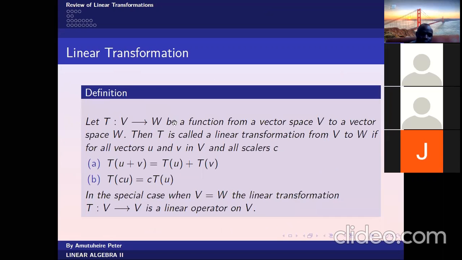We said if T: V to W is a linear transformation, then T is linear if for two vectors U and V. So if we are proving property A, we need to pick two vectors from the domain, add them, and show that this rule holds. Then we multiply them by a scalar to show that that one holds.